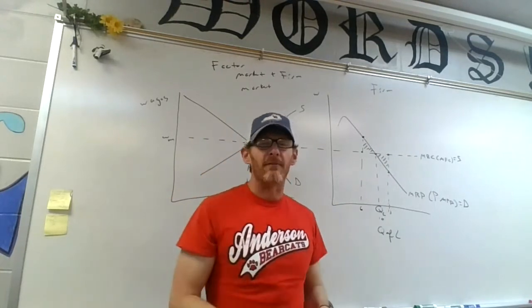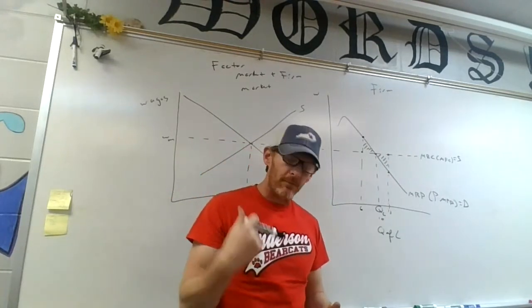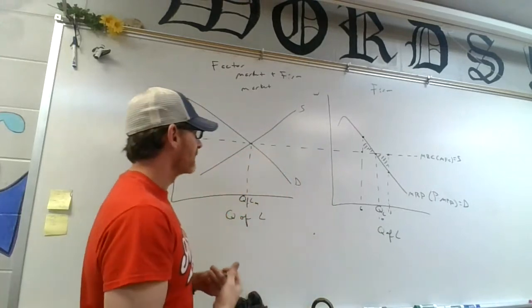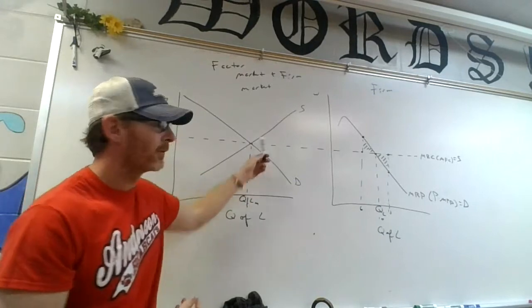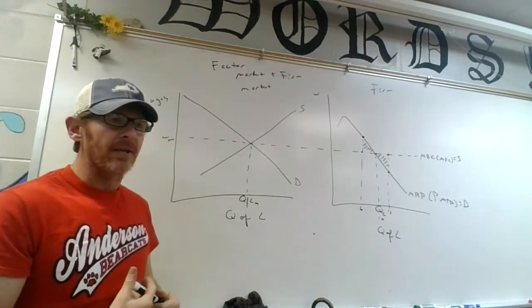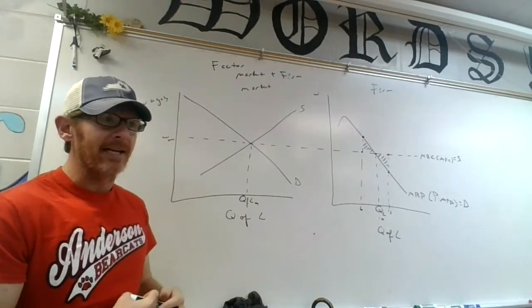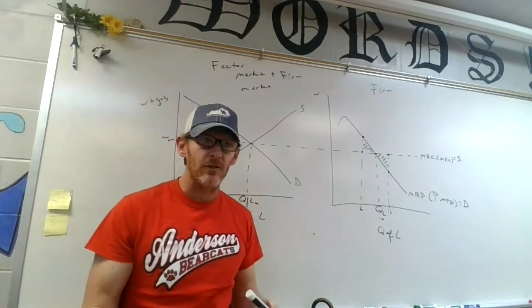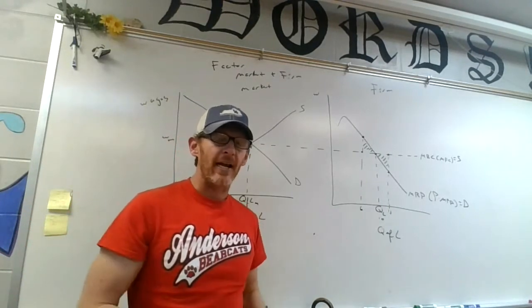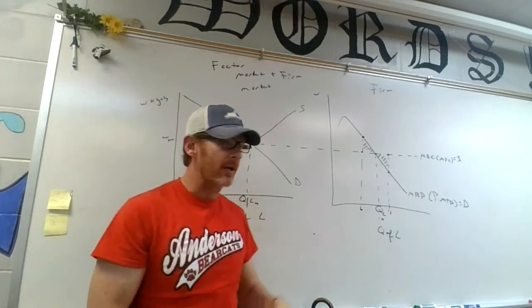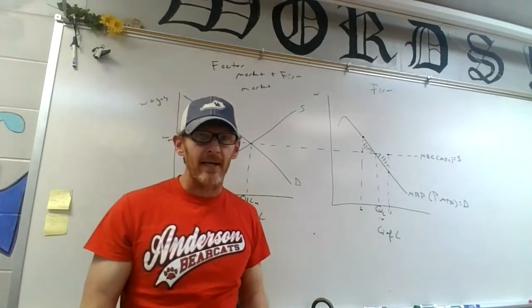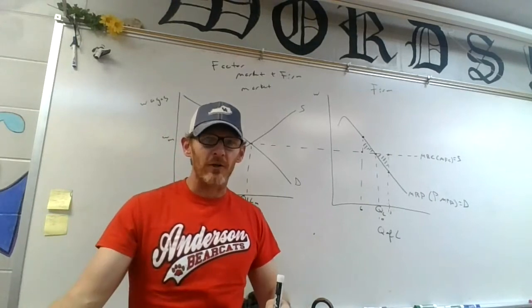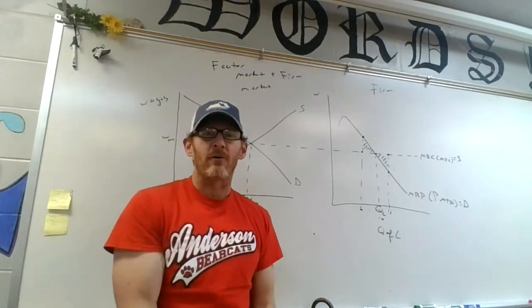Much like in the perfectly competitive product market, if there is a change on this side, the demand for the workers, for example, a demand change or a supply change in the product market, remember we call this the demand for labor here derived demand, because we're only needing those workers because people want to buy that product, right?